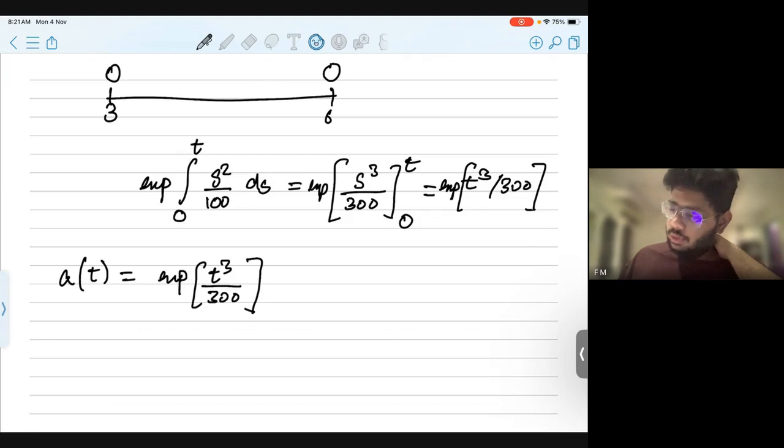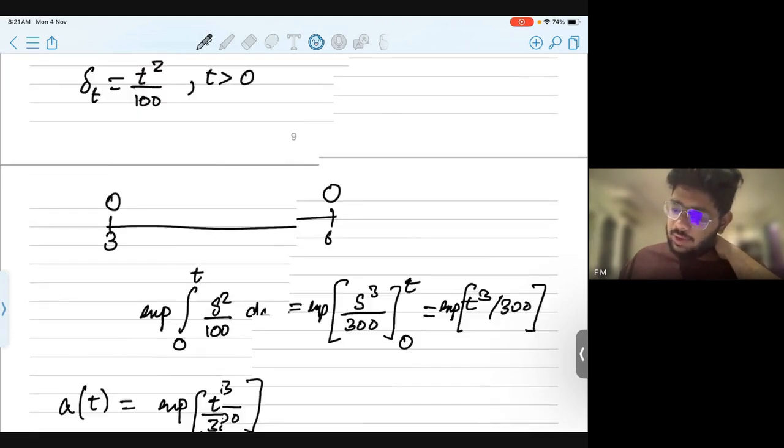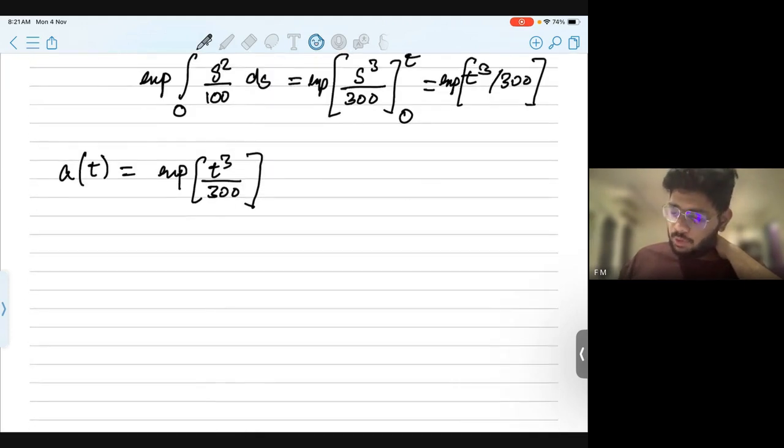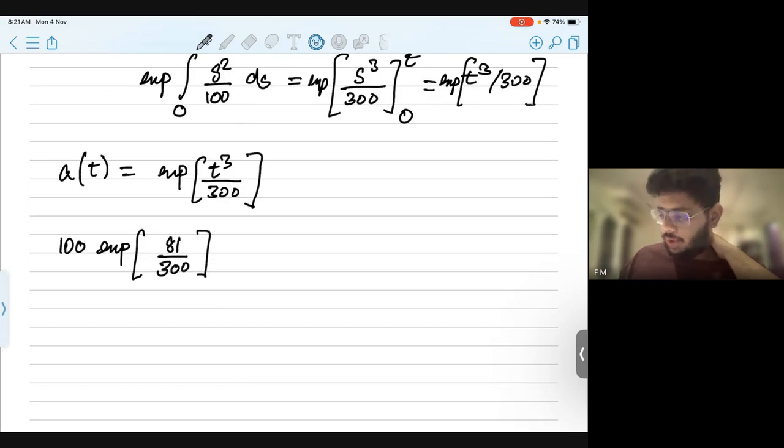Now, first we figure out the value of 100 at time 3. So, 100 exponential 27 upon 300, is equal to 109.417.